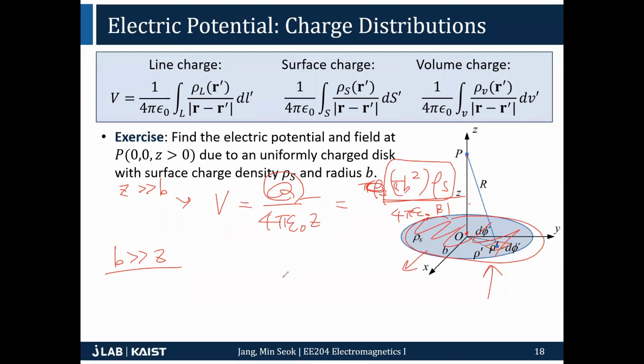As many people got the correct answer, now this disk looks like an infinitely large sheet, right? And then we know the solution in this case. The electric field is rho divided by 2 epsilon naught, right?